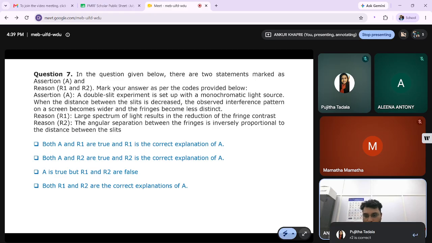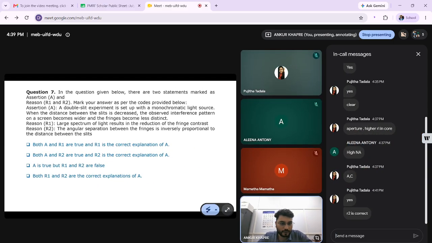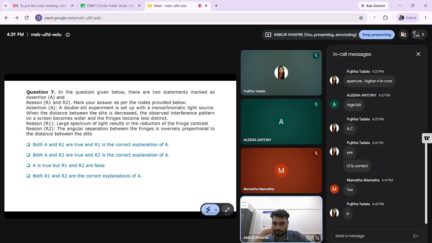Option A, B, C, D? Alina or Mamta, do you want to comment? You can just guess. So which option are you saying? A or B? Which one? B.